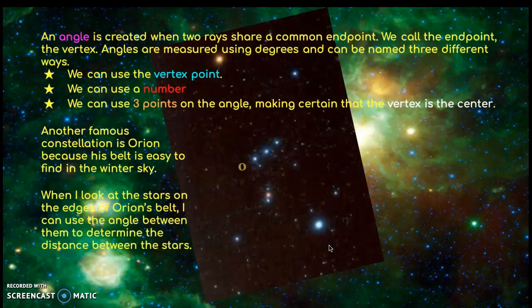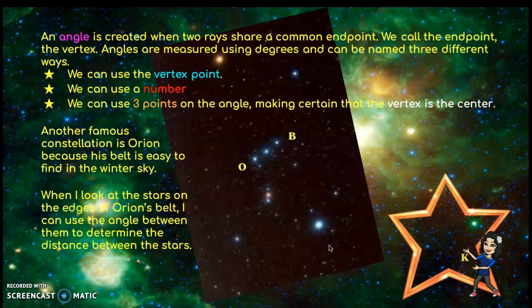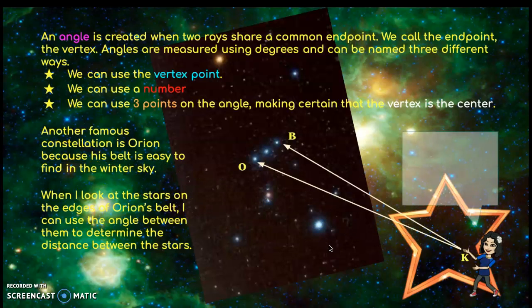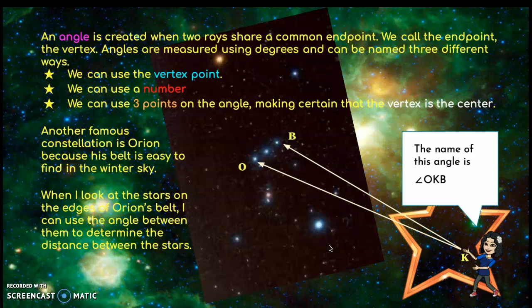So here we go. I got another constellation. I got Orion over here. Orion's belt goes right through the middle of Orion. It's these 3 stars. When I look at me and I measure from Kopetsky to the first star in Orion's belt and the last star in Orion's belt, I have created an angle right over here.